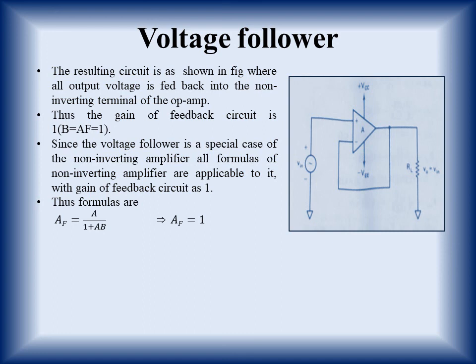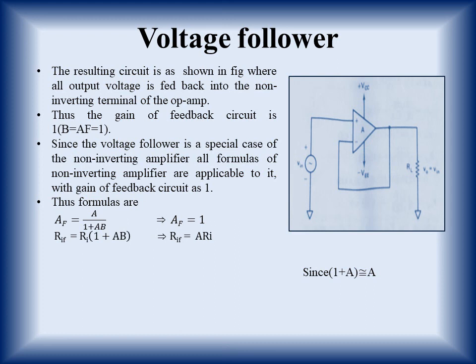First we see the gain. AF is A upon 1 plus AB. Here in case of voltage follower, AF is 1. How does this become so? Because A is very large, so we simply have AF as 1. We have defined it in this way. Here we can apply 1 plus A is approximately equal to A, because A is very large. This we will use in many other formulas, like RIF is RI times 1 plus AB.